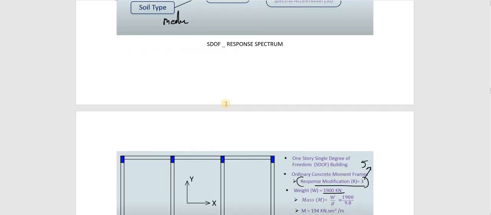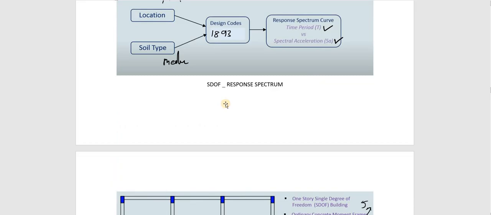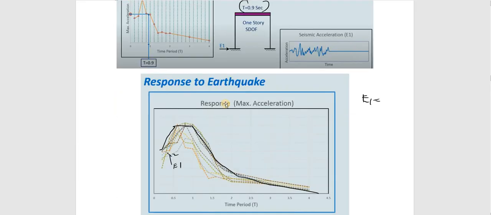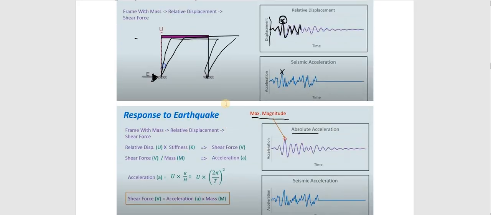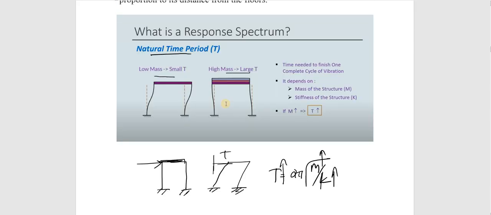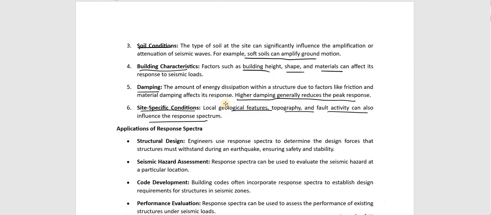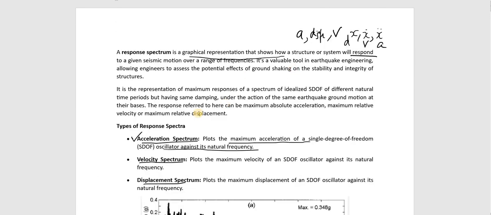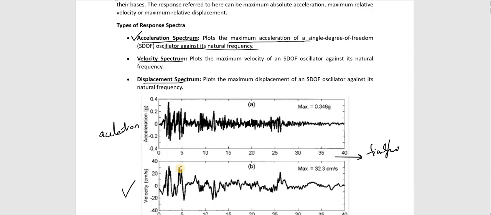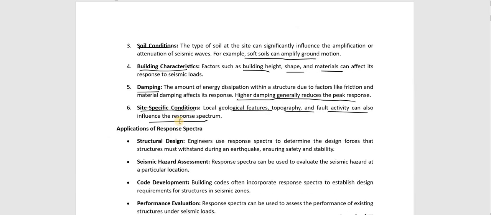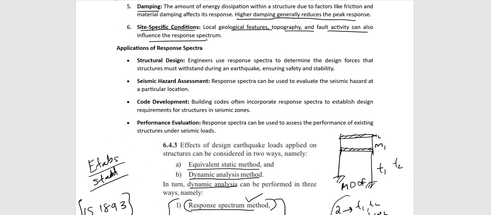Normally, in the design we are doing now, we follow response spectrum. So from your point of view, you need to know what a response spectrum is, the types of response spectrum, and the factors affecting it. Its applications are mainly structural design, seismic hazard assessment, code development and performance evaluation.